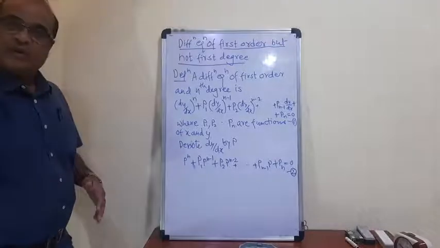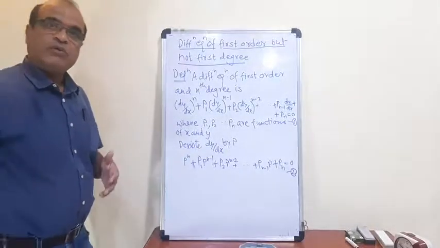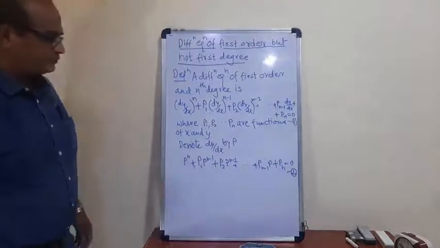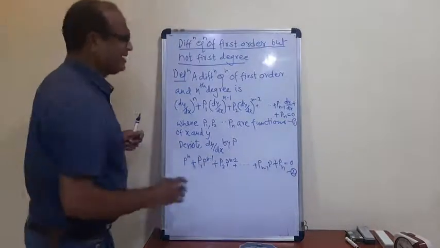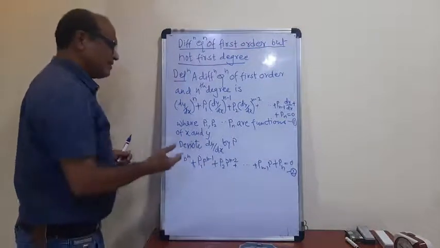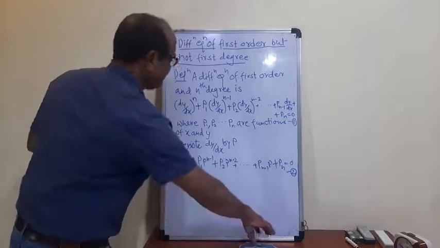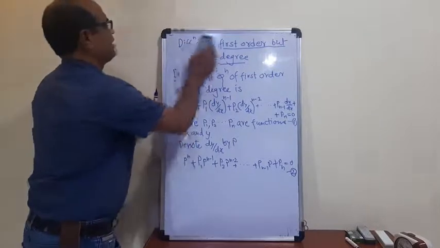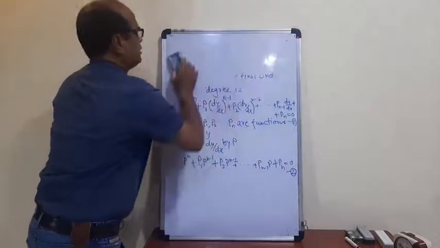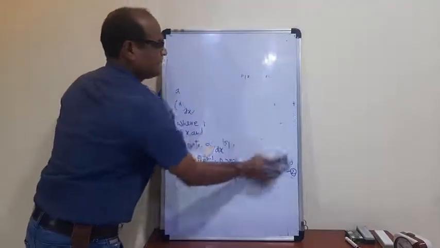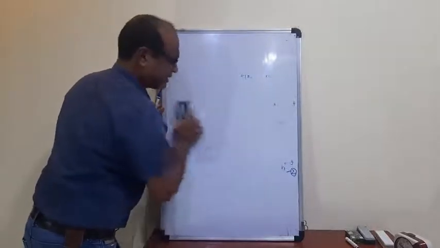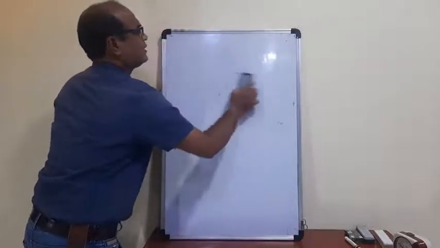And third method is equation solvable for y. Okay. So now we learn how to solve this equation by using the method solvable for p. So method 1 is solvable for p.